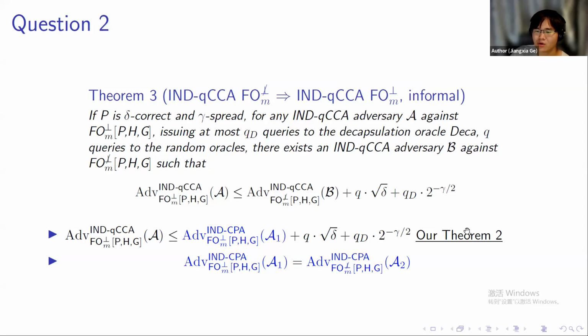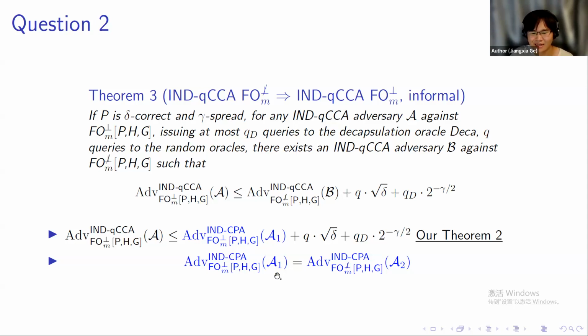First, by using our core theorem, Theorem 2, for any adversary A against the IND-QCCA security of FO-bot, there exists an adversary A1 against the IND-CPA security of FO-bot satisfying this inequality. Then for adversary A1, there exists an adversary A2 against the IND-CPA security of FO-cancel-bot satisfying this equation.